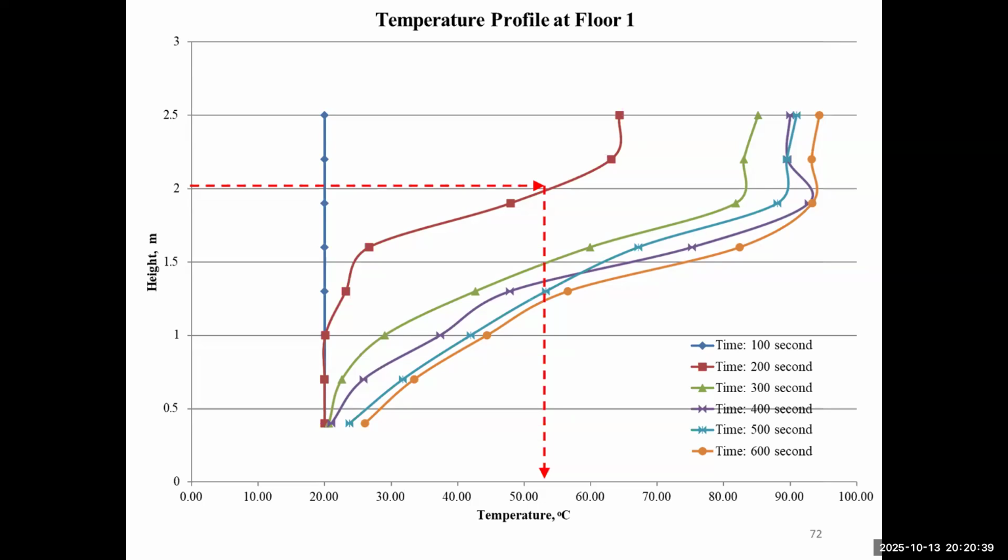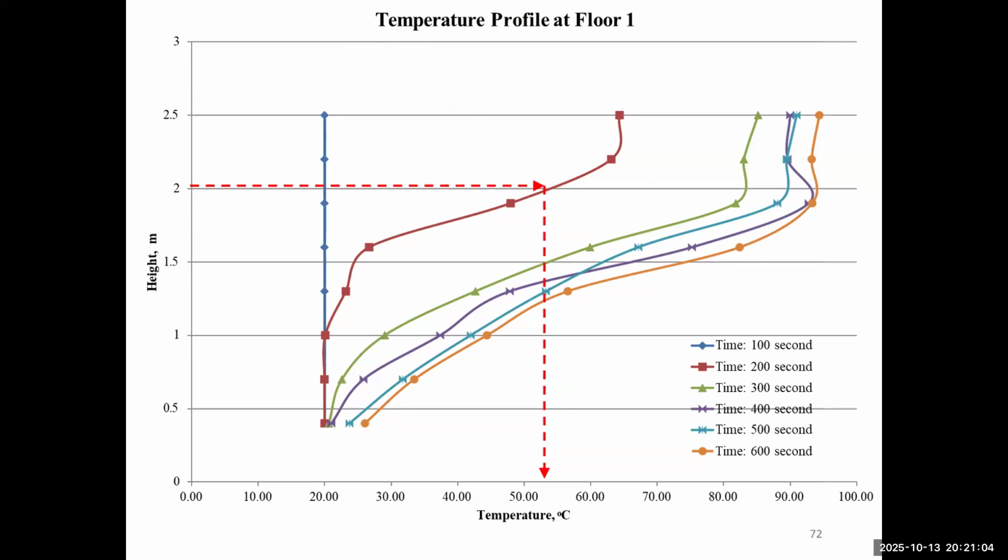This chart shows us how the heat from a fire builds up over time, layer by layer. At 100 seconds, it is this blue line, and the temperature is nearly 20 degrees centigrade at all heights of our building.